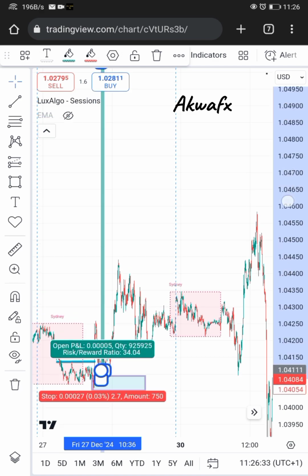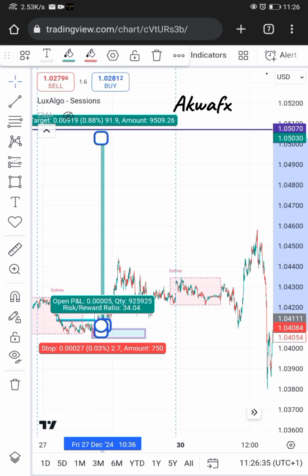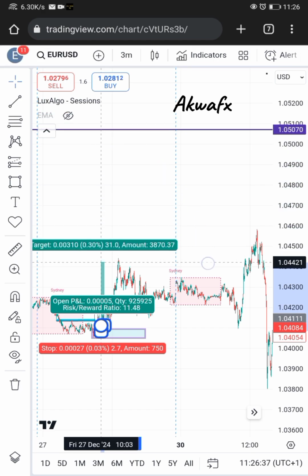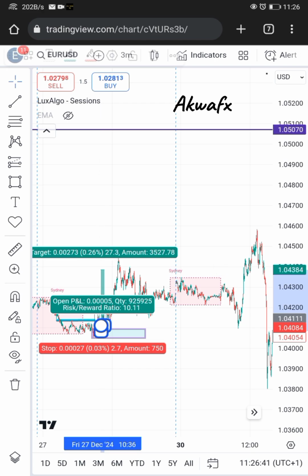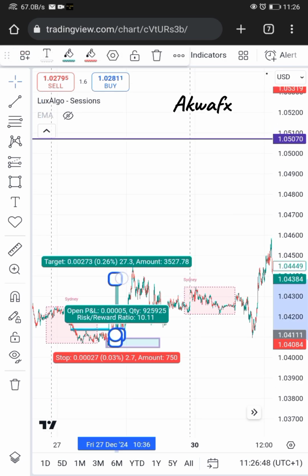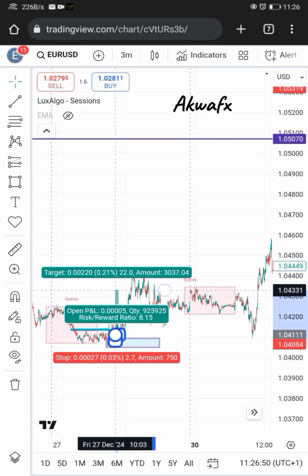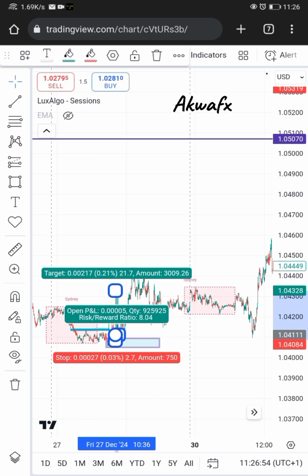But if you go for 1 to 10, you made a lot of profit and you are out of the market. If you are targeting 1 to 8, that will be your 1 to 8 and you are out of the market. Just like that. You just have to check in every day and see what you can do with this.